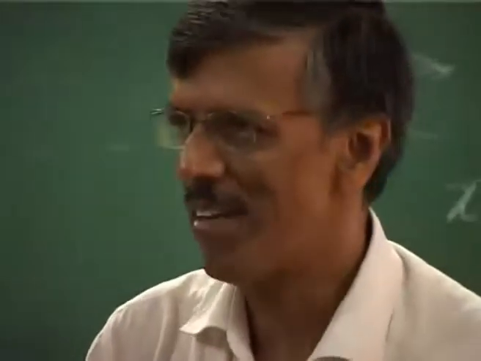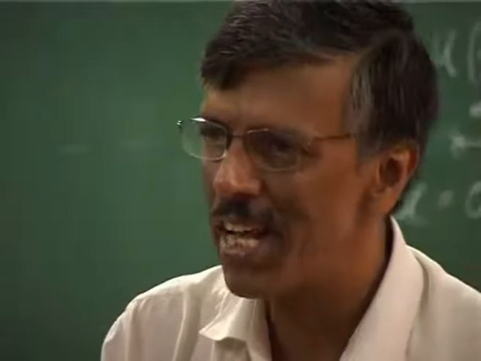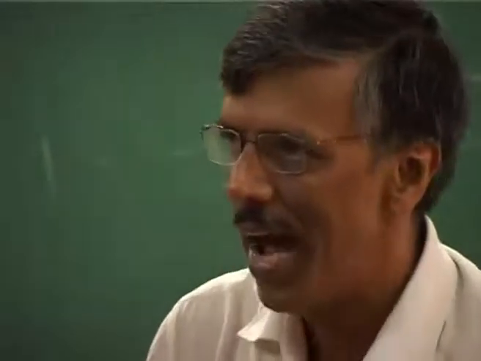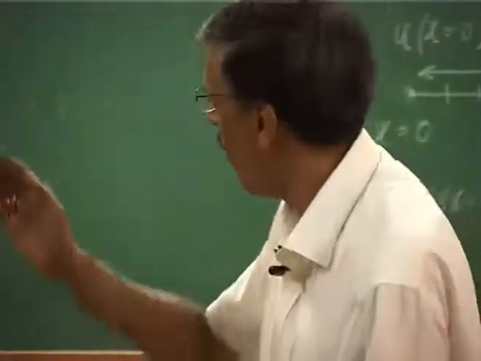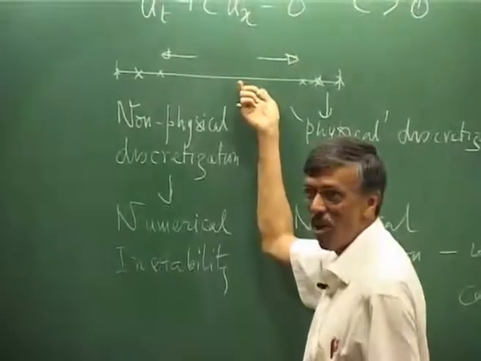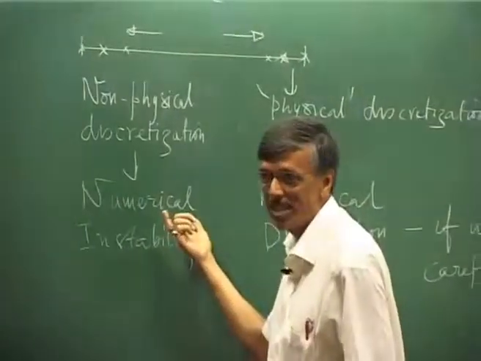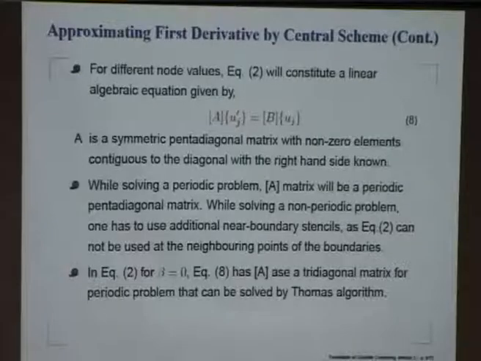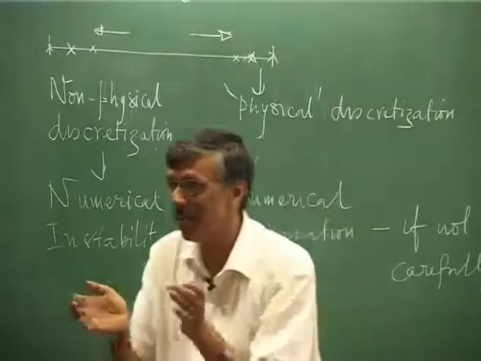You are artificially creating a source of error because of numerical discretization, and that error goes inside your computing domain. Once it is outside these bad nodes, it is no more violating the physical directionality, because there your scheme is okay.